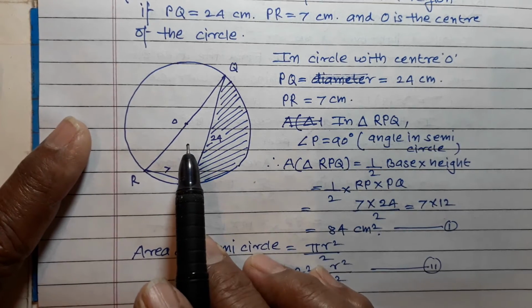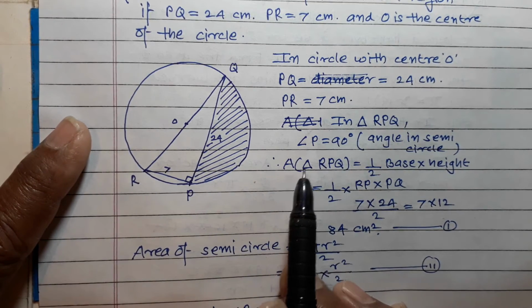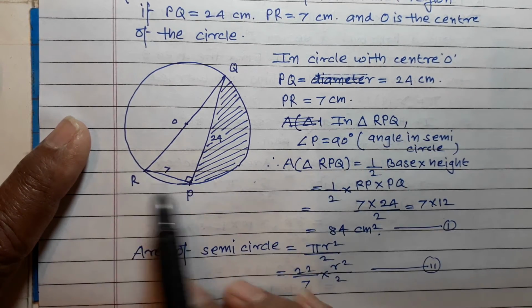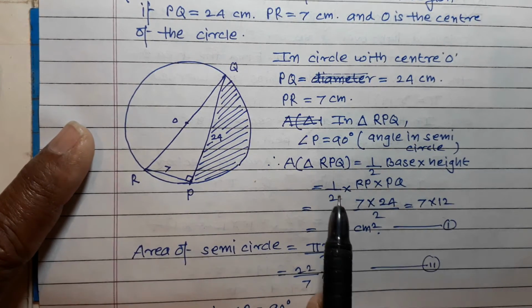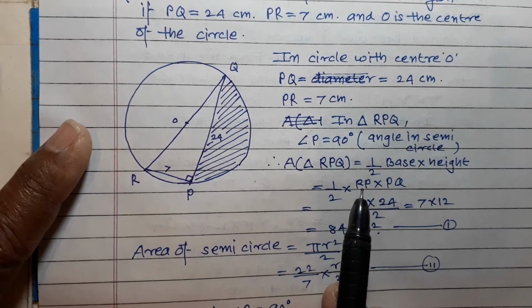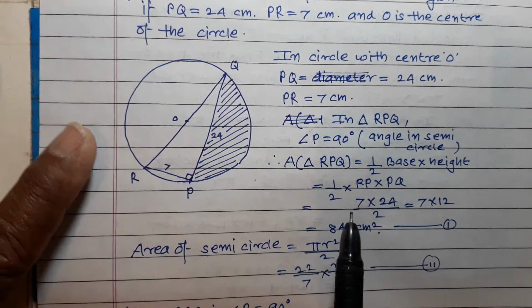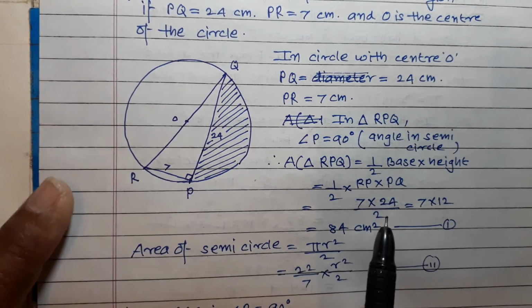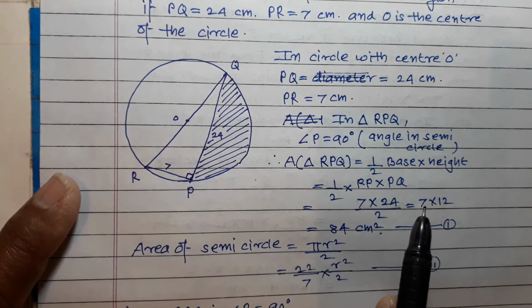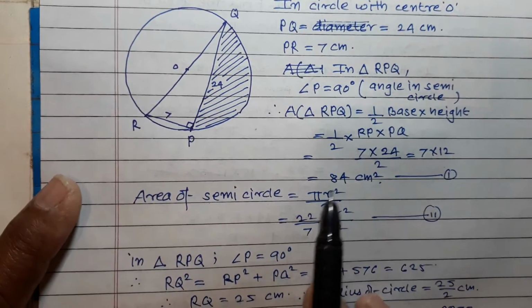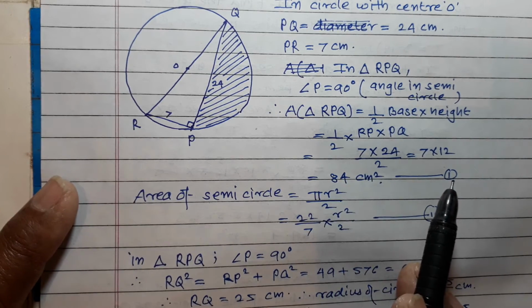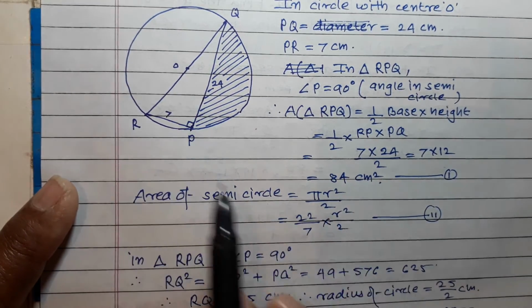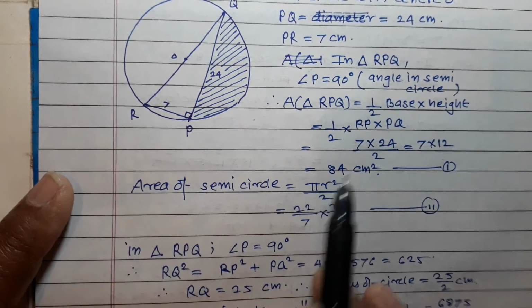So this is a right angle triangle, and therefore area of triangle RPQ is equal to 1 upon 2 base into height, is equal to 1 upon 2 into RP into PQ, is equal to 7 into 24 upon 2, is equal to 7 into 12, and is equal to 84 cm square. Statement number 1. So area of this triangle is equal to 84.